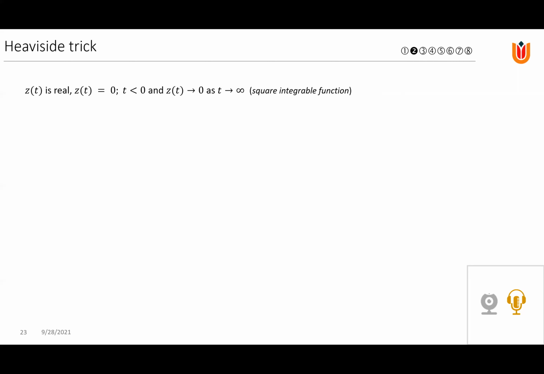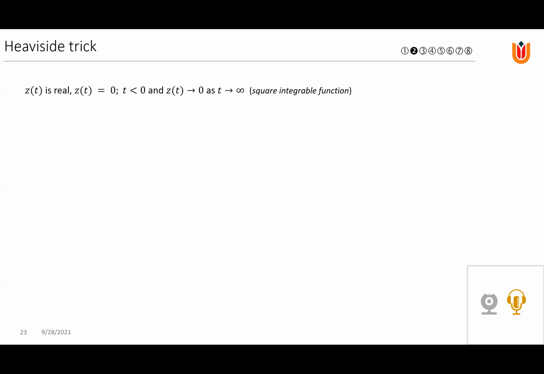And an additional assumption is that if z of t goes to 0, so if there is no translation anymore, then in the end the signal itself will go to 0 as well. We express that as z of t goes to 0 as t goes to infinity.